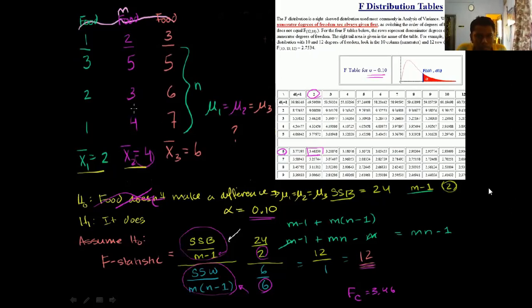You can think of it like this: for the three groups, their physical immunity is the same. So this is the example of one way ANOVA.